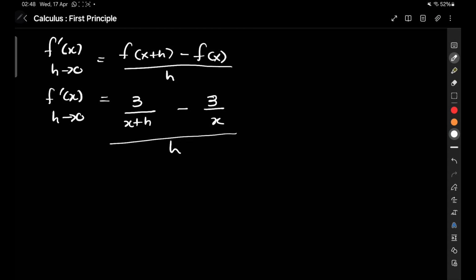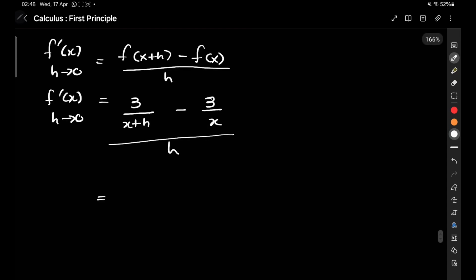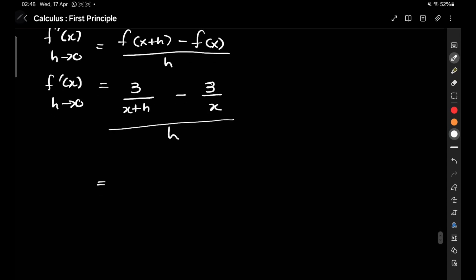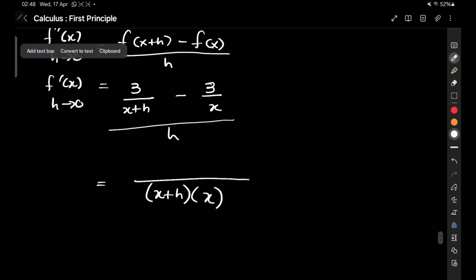And from here, we can just find our LCD or LCM. And our LCD is x plus h multiplied by x. All that, and then we're just going to cross multiply.